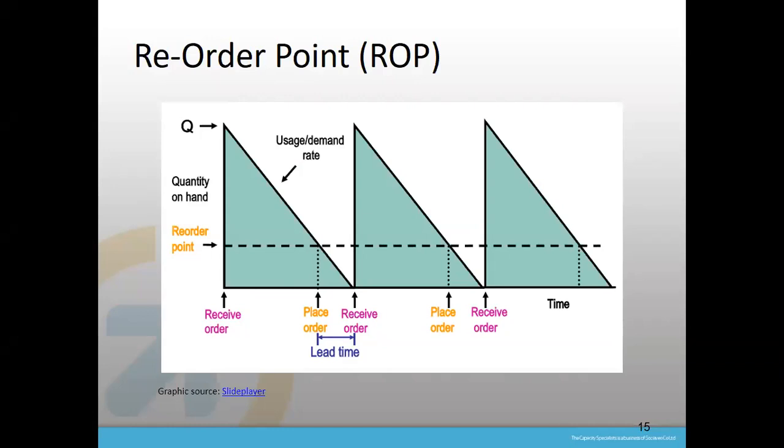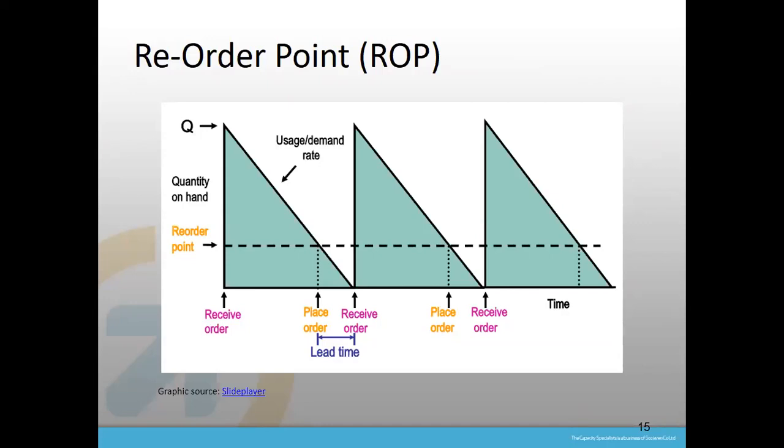If you go the dotted line up, then we can go to the left and see the reorder point. So maybe the reorder point says we still have 52 backrests on hand, but we need to place the order now so that we receive the other backrests when our warehouse is empty.